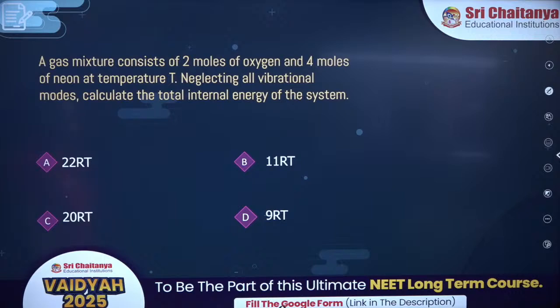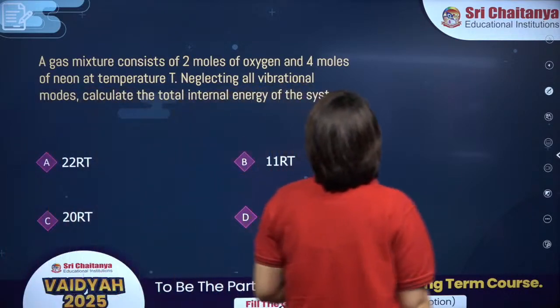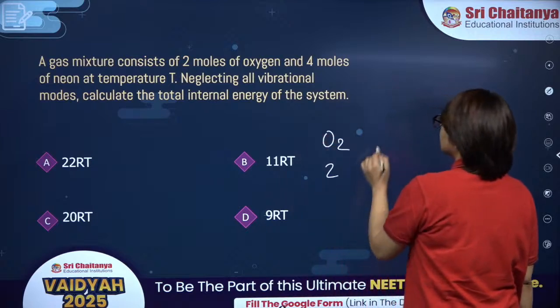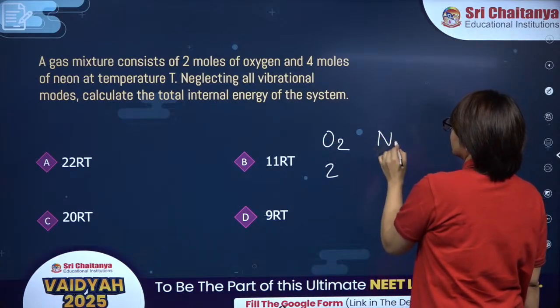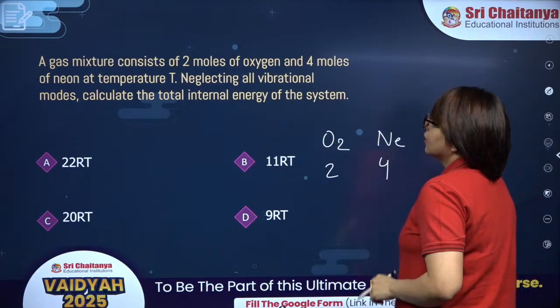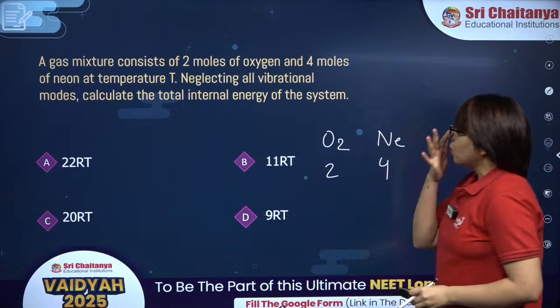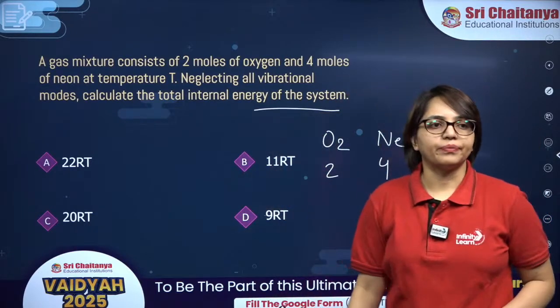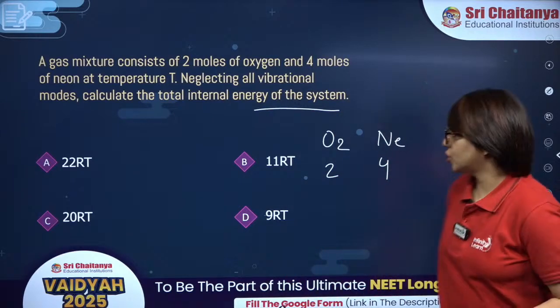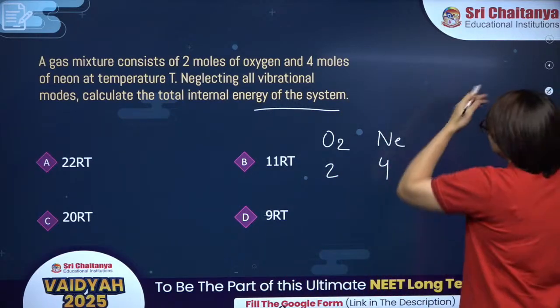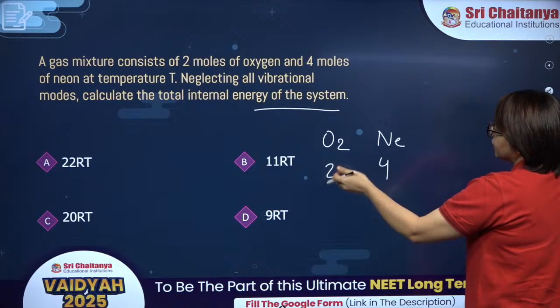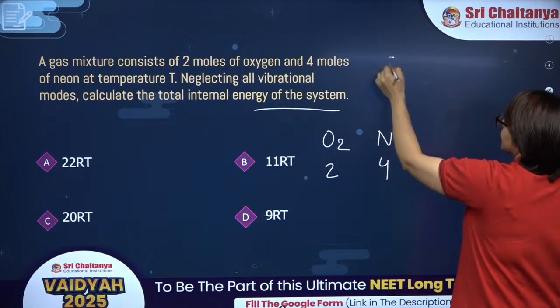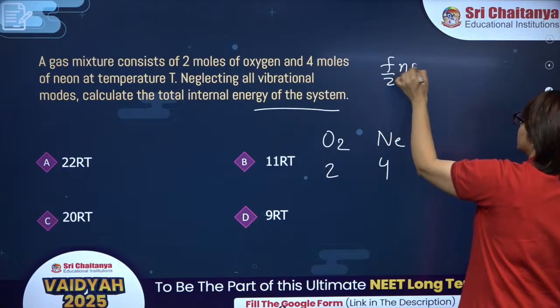Next is this one. A gas mixture consists of 2 moles of oxygen and 4 moles of neon. At temperature T, neglecting all vibrational modes, calculate the total internal energy of the system. You have to find the total internal energy of the system. So internal energy of the gas having n moles and degree of freedom F is F by 2 nRT.